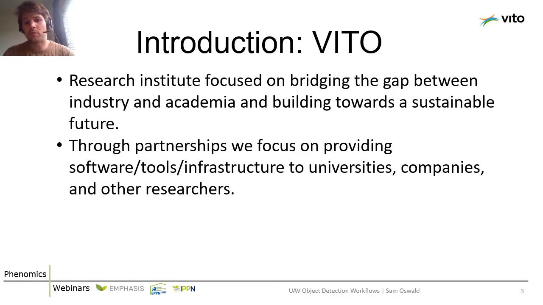And we're focused on bridging the gap between industry and academia, and also focused on building towards a sustainable future. And so we provide a lot of partnerships where we principally act as the software tools or infrastructure professionals to universities, companies, and other researchers. And we're always looking for interesting new collaborations and projects.